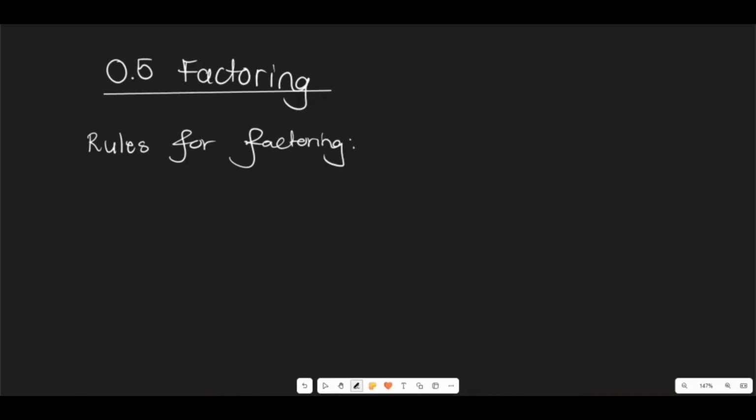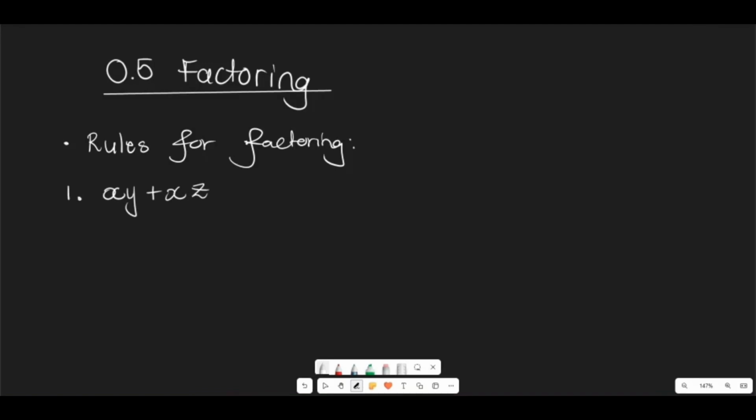Okay, so we have a couple of rules, and I'm sure that you guys are familiar with them as well. Please be familiar with them, guys. I'll be shocked if you are not. The first rule that you should be familiar with is common factor, which is, let's say, x times y plus x times z.